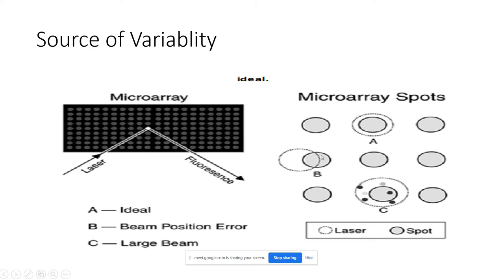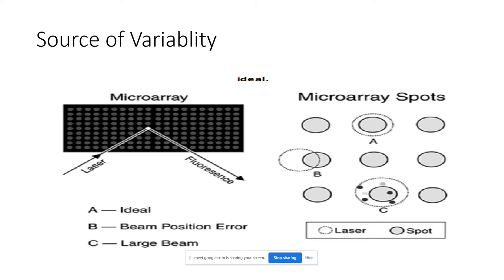If we consider this type of spot, we should discard it. So these are the errors: beam position error and large beam. A is the ideal spot, so we should take this type of spot into consideration for the analysis.